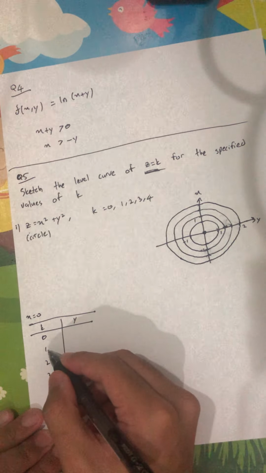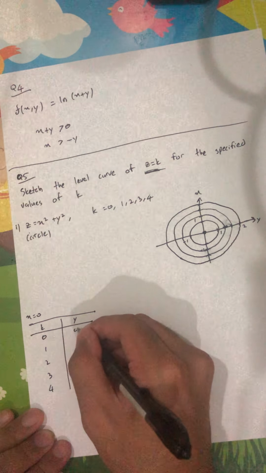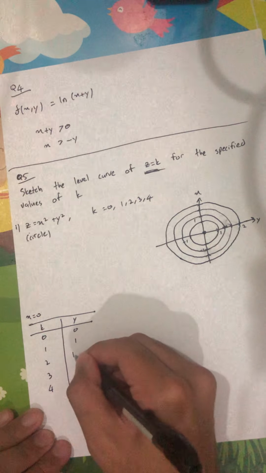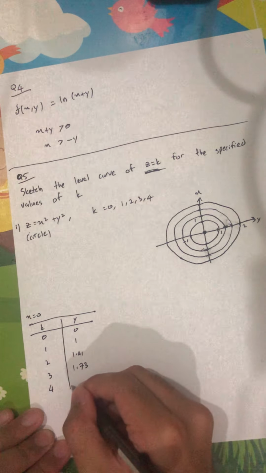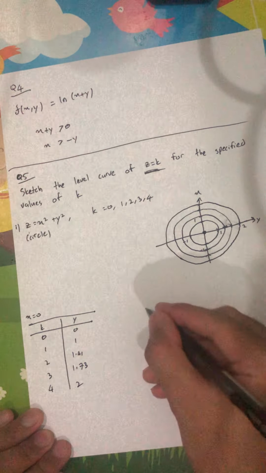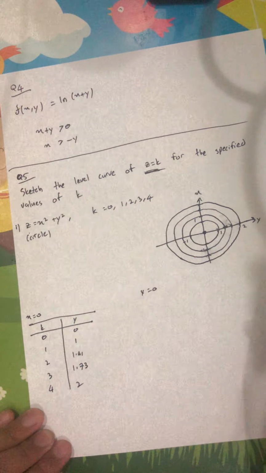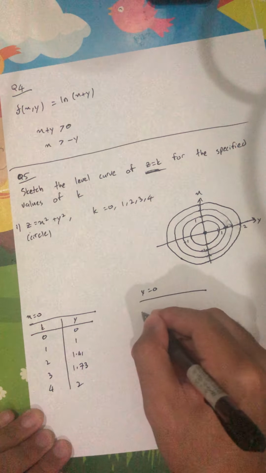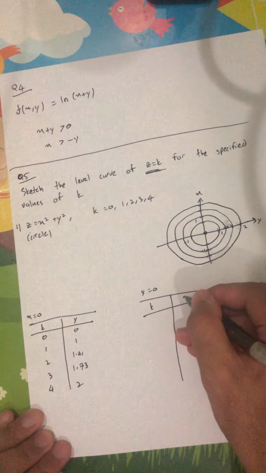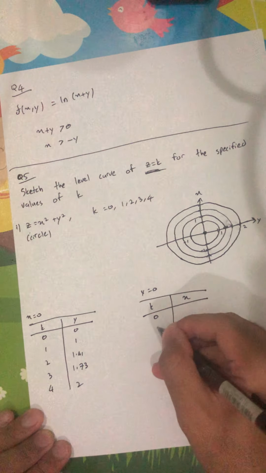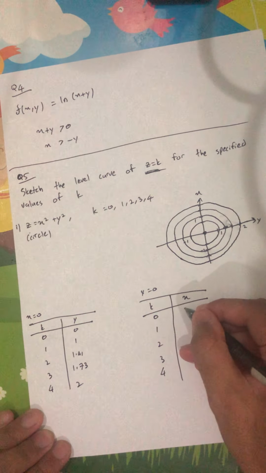You plug in k here. What is the value of y? It will be 0, 1, 1.41, 1.732. And next, the second table is when y equal to 0. This is x now. The same thing, you'll have the same values as well.